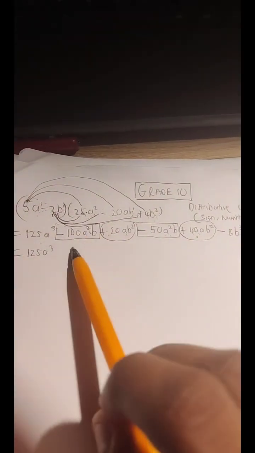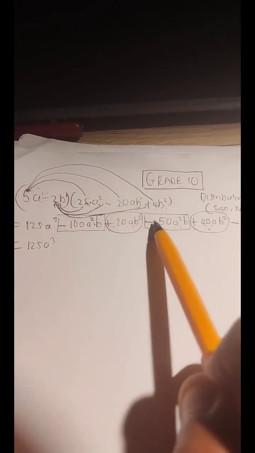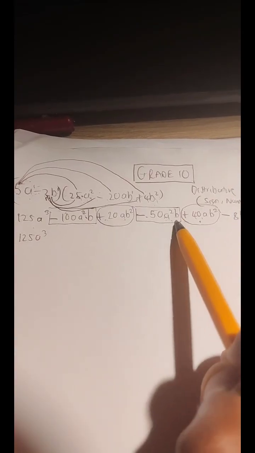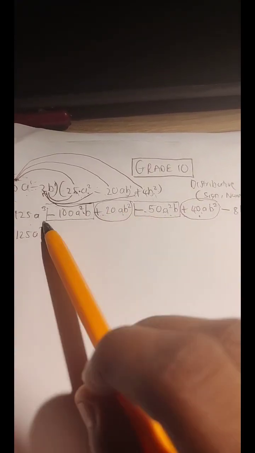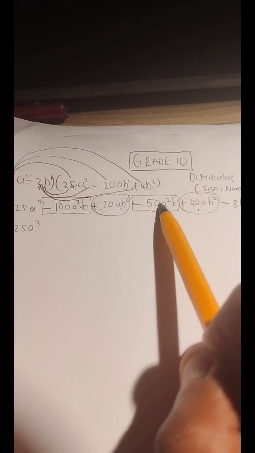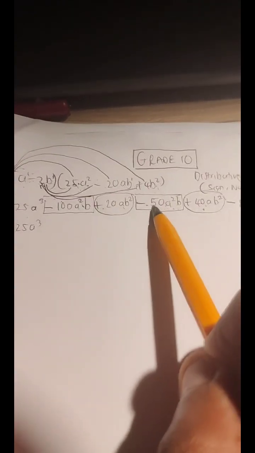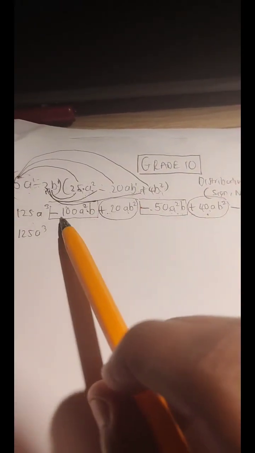So if you look at the terms that we can add, 125a cubed is alone, so we keep it like that. And negative 100a squared b minus 50a squared b, we can subtract these two. What will that give us, guys?